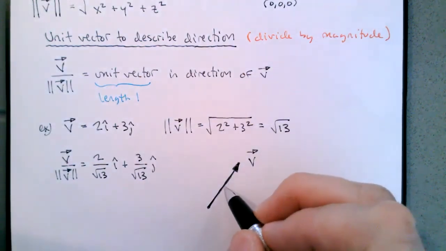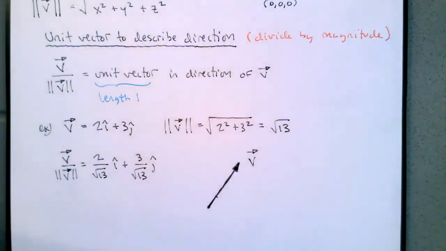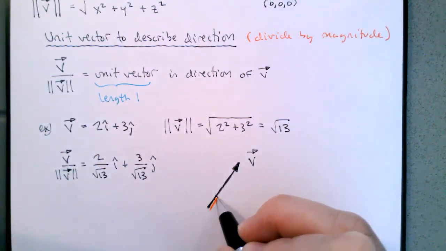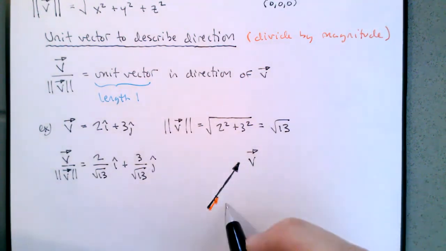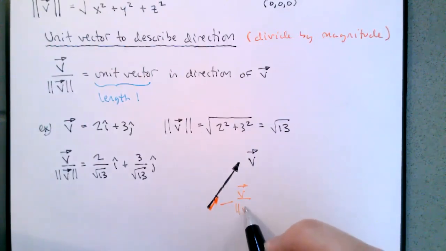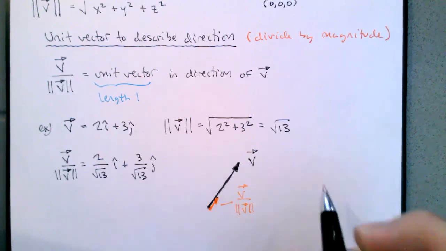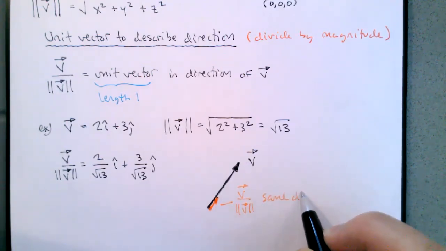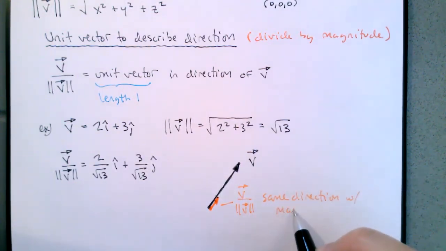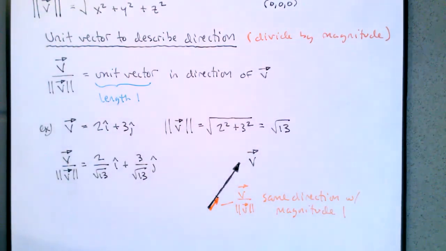So v over the magnitude of v is going to be in the same direction, but has a length of 1. We got the same direction with a magnitude of 1.